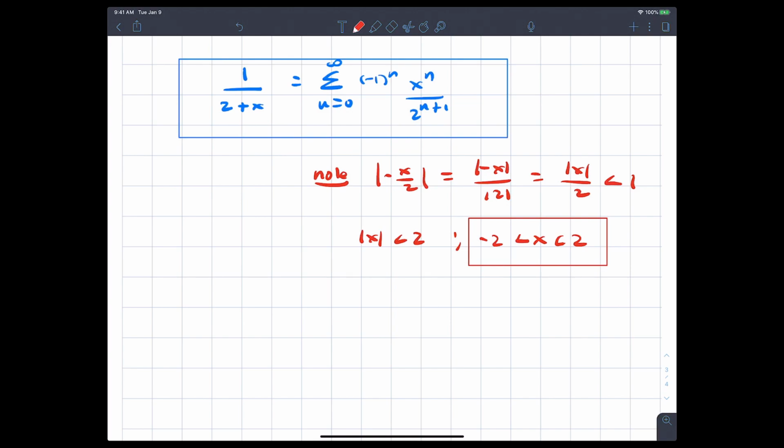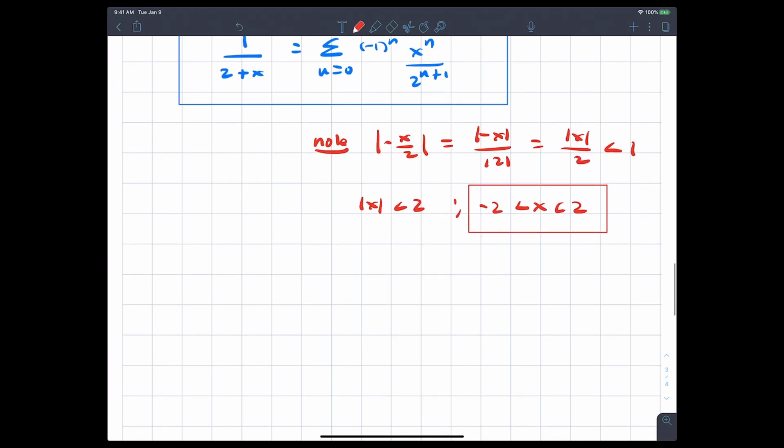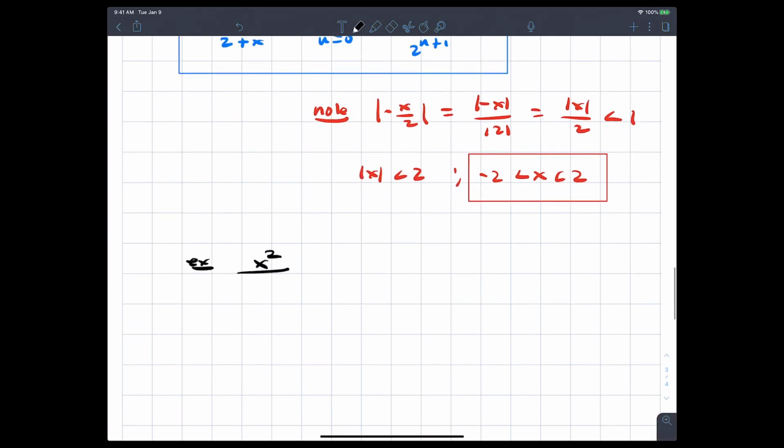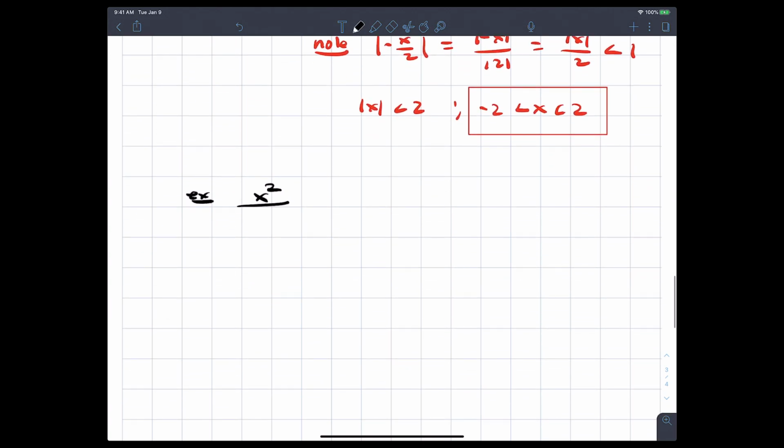So we're looking at this power series expansion for these functions. And then they might say, okay, what if they did something to you like this? And they will. They might say, write, for example, x squared over 2 plus x. They want the power series expansion for something like this.